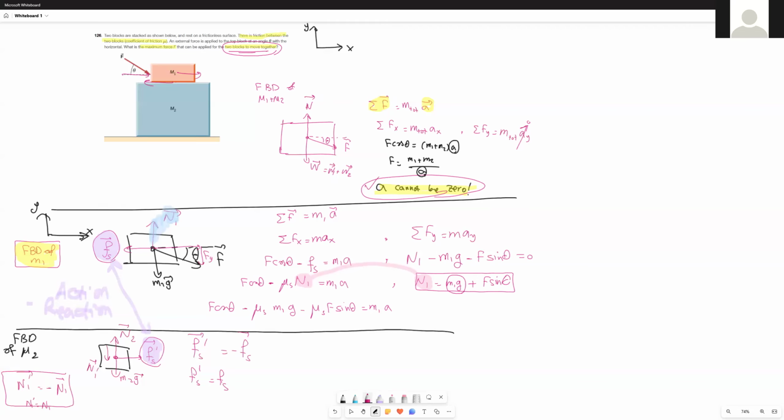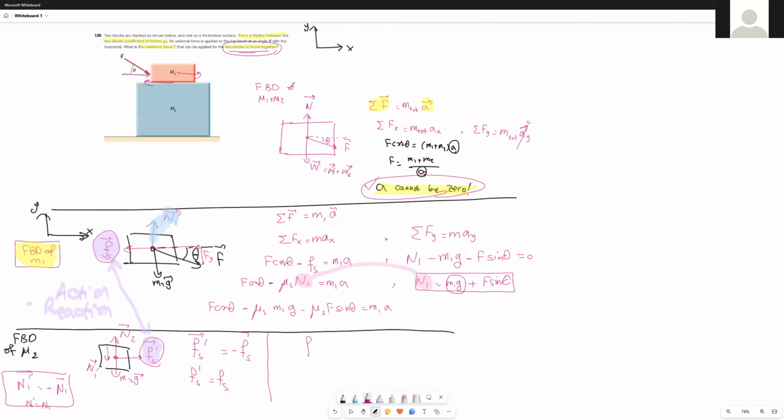Okay. Now, let's write down, guys, on the y-axis, what I want on the y-axis for M2. There are forces N2 upward, M2G downward, and N1 prime downward. N1 prime is going to be equal to M1G. But the thing is, I don't need them. What I want to extract from the free body diagram on M2 is acceleration of it.